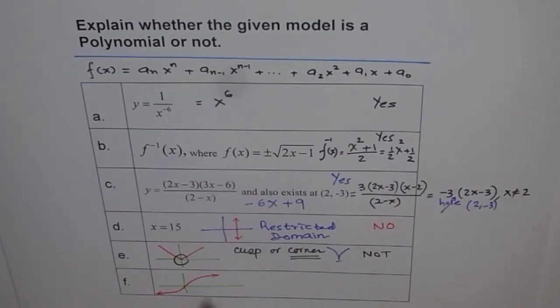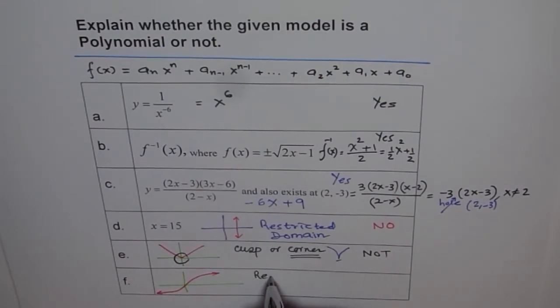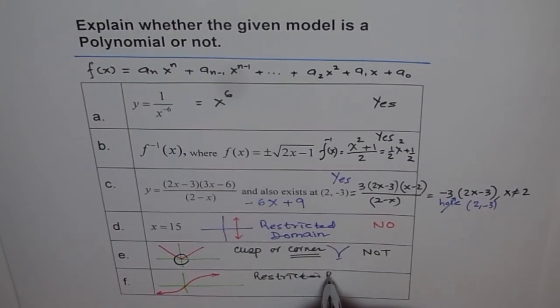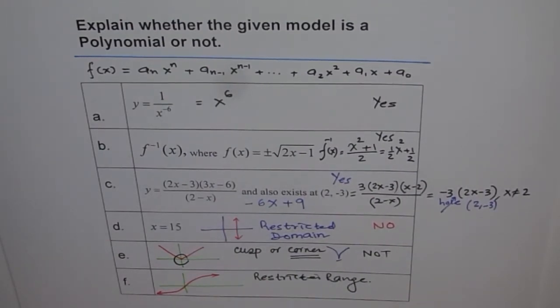And you'll find a sketch like this if you take the cube root of a function like that, right? So this has a restricted range. It is not really going towards infinity.